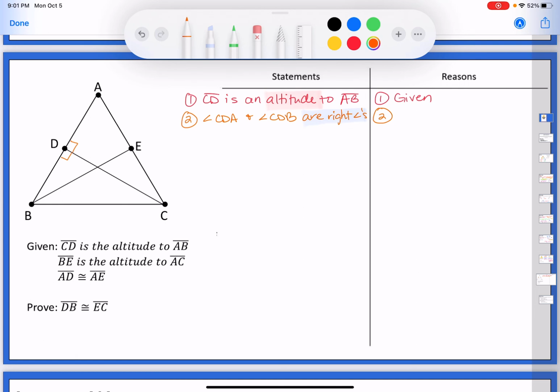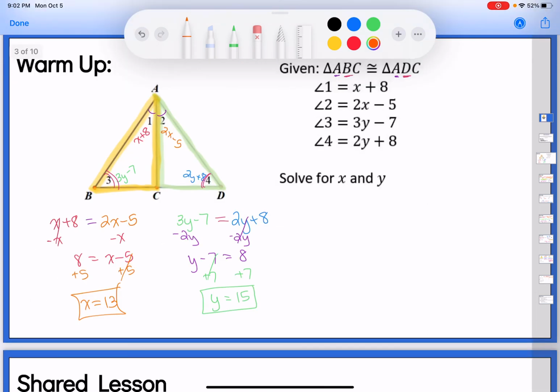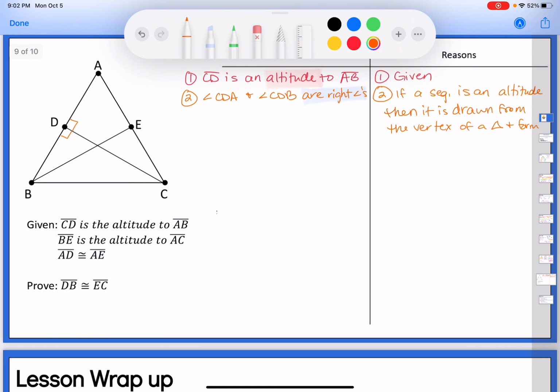So to get my if-then form right, I have to say if a segment is an altitude, then it is drawn from the vertex of a triangle and forms right angles with the opposite side.